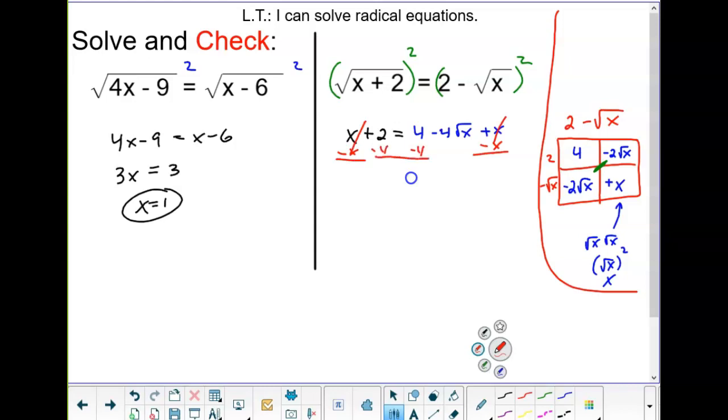Subtract a 4, and I get negative 2 minus 4 times the square root of x. And then I'll divide. I apologize for timing here, guys. So all that gets the other square root by itself, and then if I just square both sides, when I square 1/2, I get 1/4 equals x.